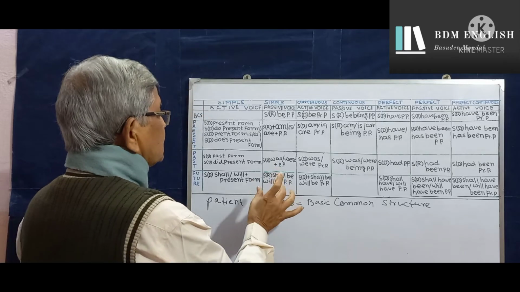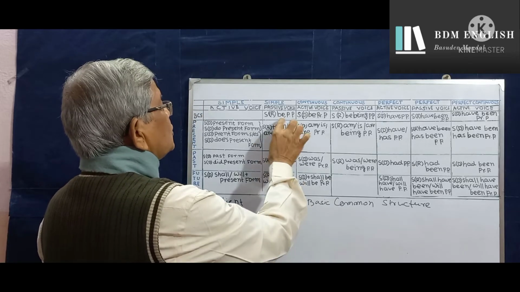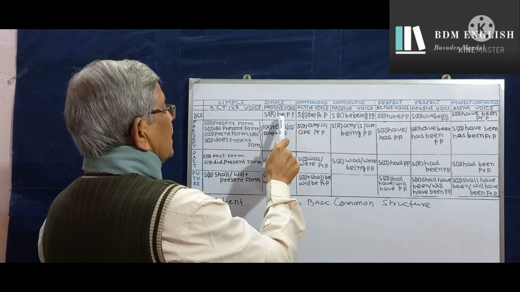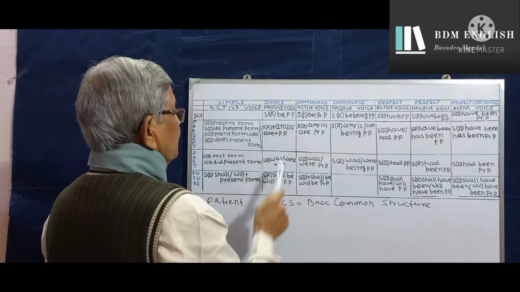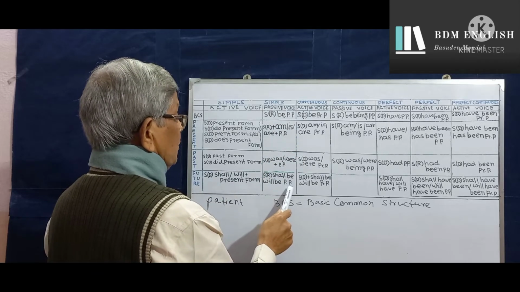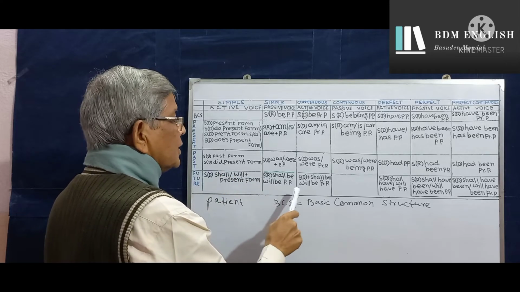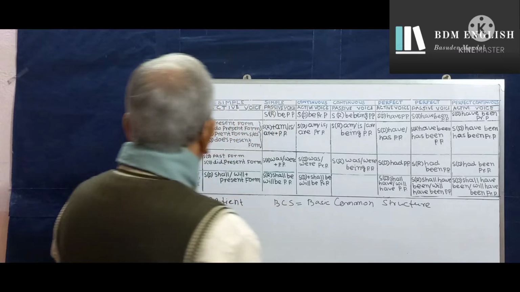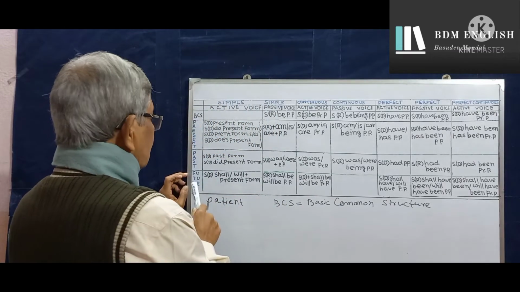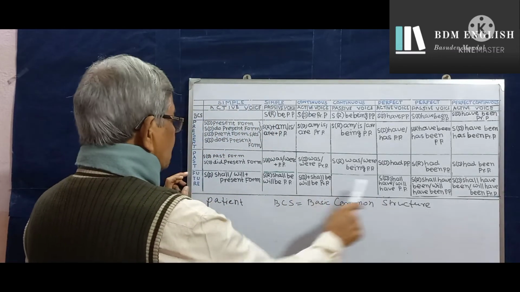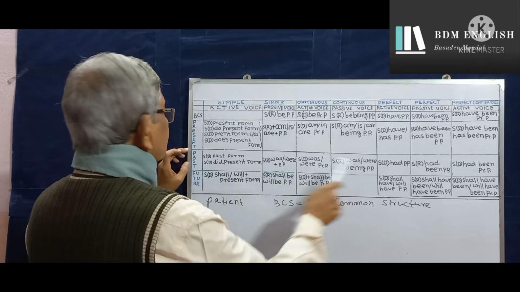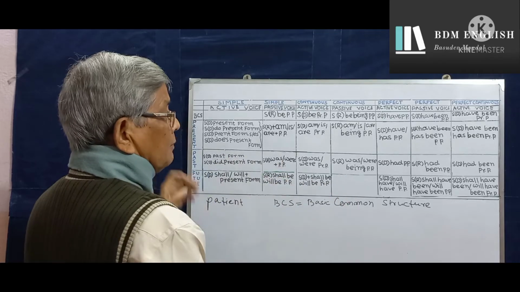So, for the future time, we do not change the basic common structure. The be plus past participle remains the same. We simply add shall or will to it. And this same thing happens throughout. This row is for future time, this one is for past time and this one is for present time.